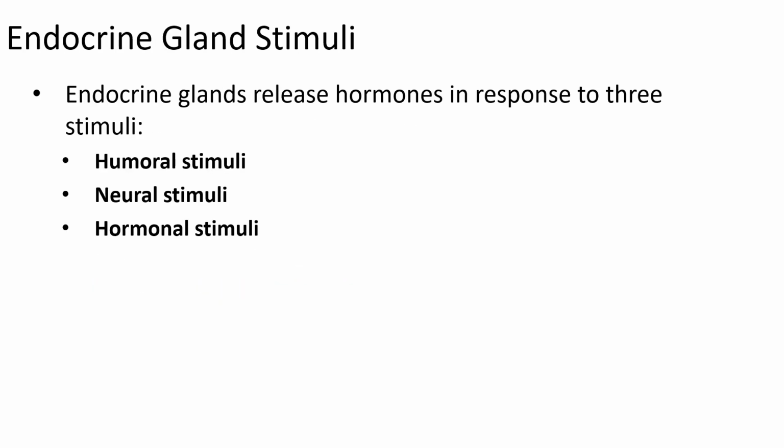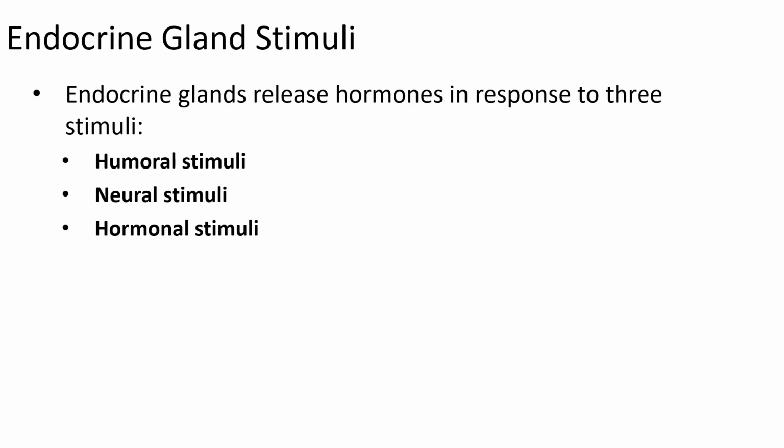So looking at the stimuli that influence the activities of endocrine glands, they release hormones in response to 3 stimuli. We have humoral stimuli, which are just events that happen in the blood, so changes in the blood. For example, if the blood glucose levels were to go up and down, that's going to stimulate the endocrine organs to release a particular hormone.